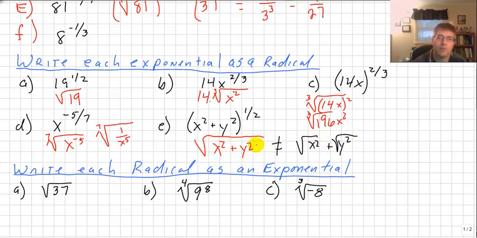We would have to simplify this first and then take the square root. Try putting in something like 3 for x and 4 for y and see if you get the same answer, and you'll see that you don't. So bring that to class, let x equal 3, let y equal 4, and show me why these two are not equivalent.